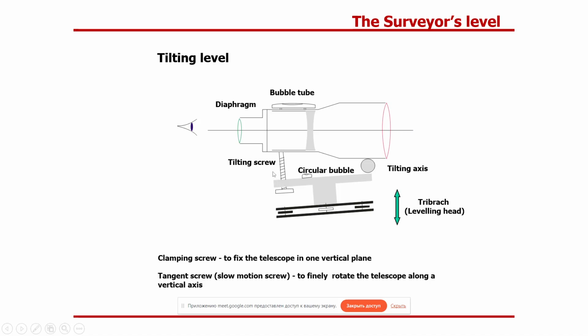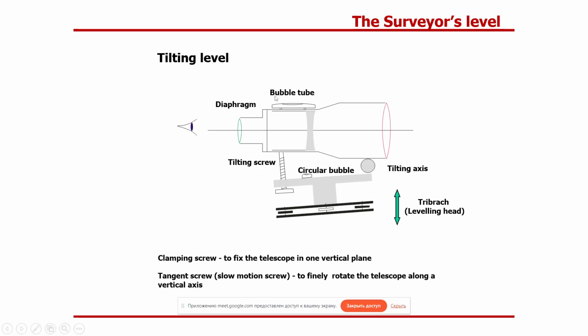We use the so-called tilt screw to change the direction of the line of sight and make it horizontal.